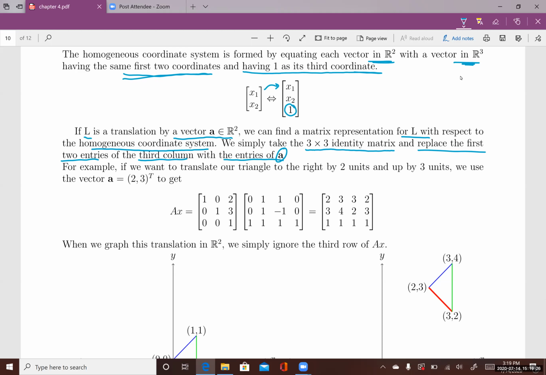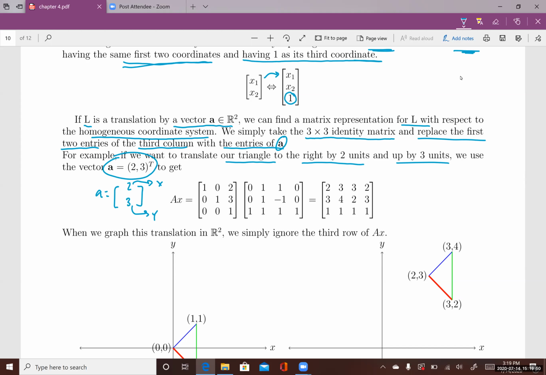For an example, we want to translate our triangle to the right by 2 units and up by 3 units. We use vector A as (2, 3), where 2 corresponds to x and 3 is the corresponding entry for y. So you move it to the right 2 and up by 3. Then you can come up with the matrix representation for this translation.